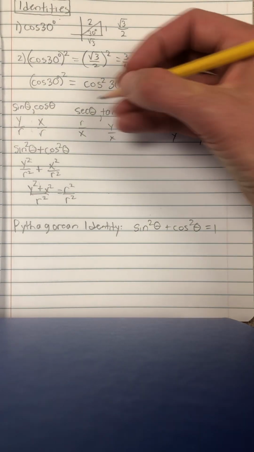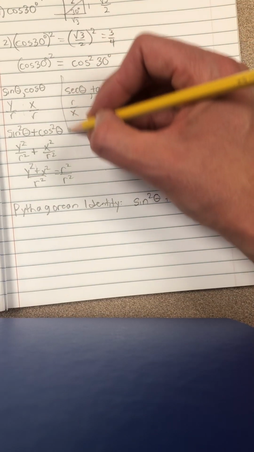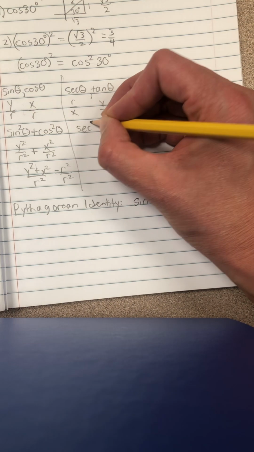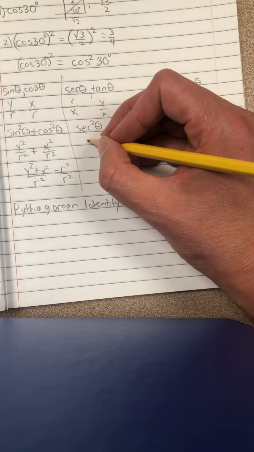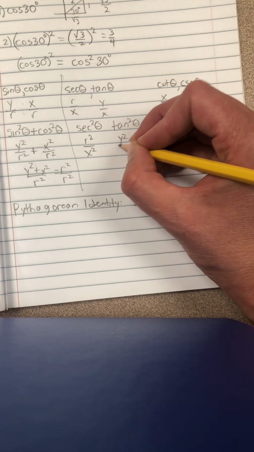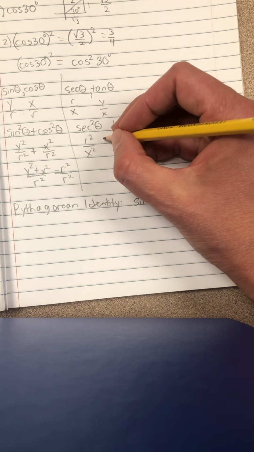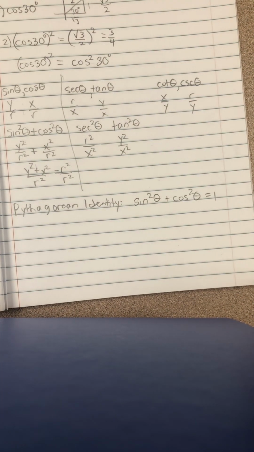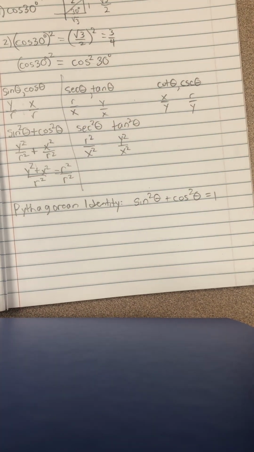Now, I believe we can do something with secant and tangent as well because they have matching denominators. So I'm going to square the secant and square the tangent. Secant squared turns into r squared over x squared. Tangent squared is y squared over x squared. Common denominator is great, but if I add these, be careful, because adding them is not going to yield anything good. If I add r squared and y squared on the top, it doesn't mean anything.